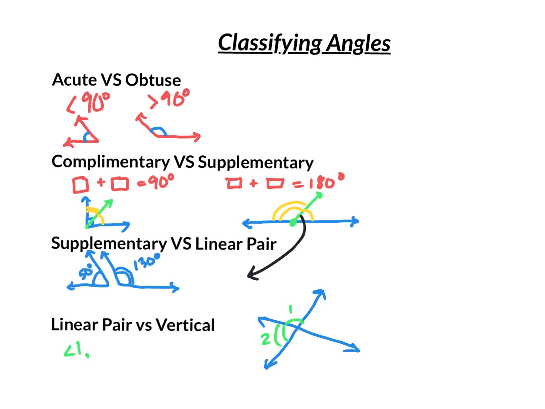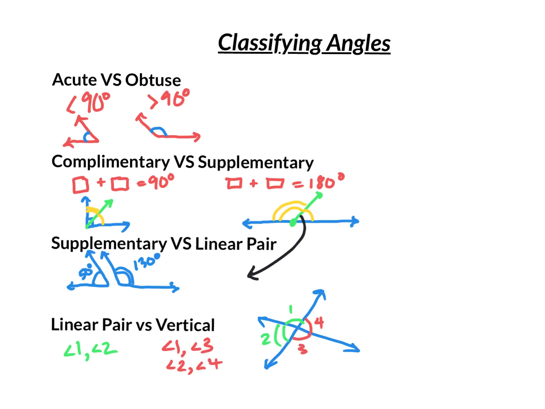Vertical angles are angles that are across the intersection from one another. So for example, let me put a 4 here, let me do 3 here. Angle 1 and 3 are a vertical pair, and also angle 2 and angle 4, because they are across the vertex from each other. So 1 and 3 and 2 and 4 are vertical pairs.